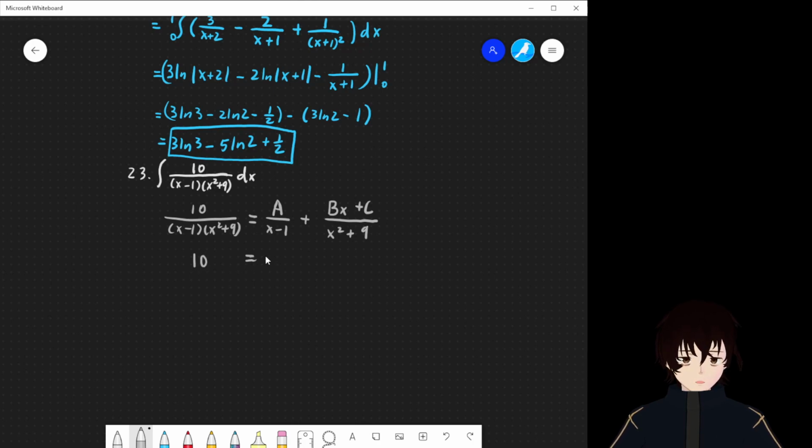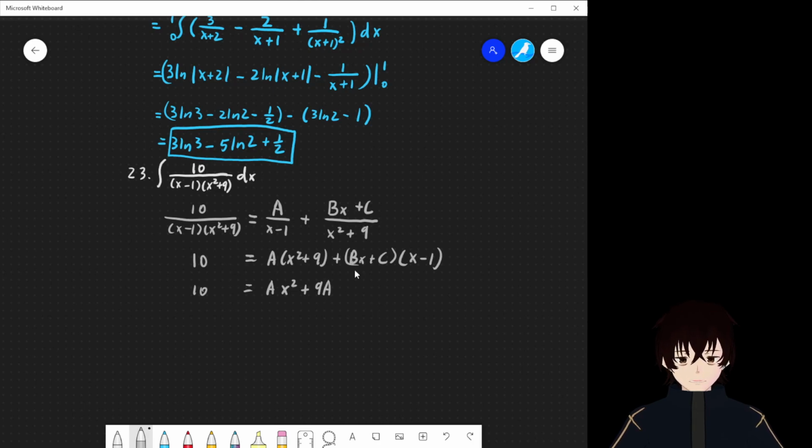10 is equal to A times x squared plus 9, plus Bx plus C times x minus 1. Factor everything out, or rather, I don't know what you call it when you do this.